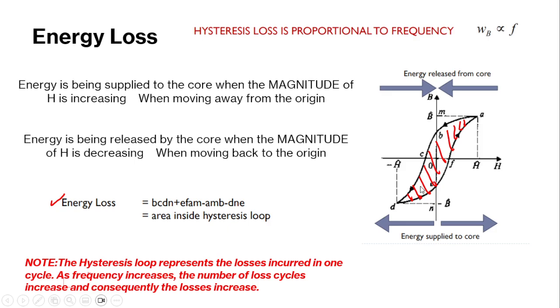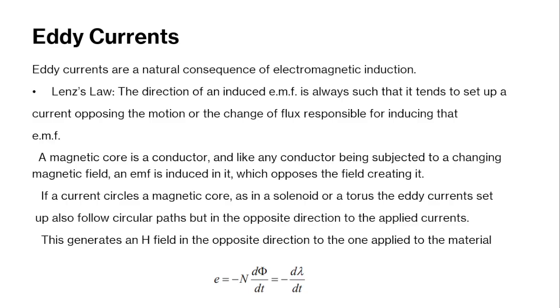If you had more cycles, the amount of losses you incur will increase because the losses are directly proportional to the frequency. If you have more cycles, you will have more total losses. That makes sense? So it's dependent on the frequency.